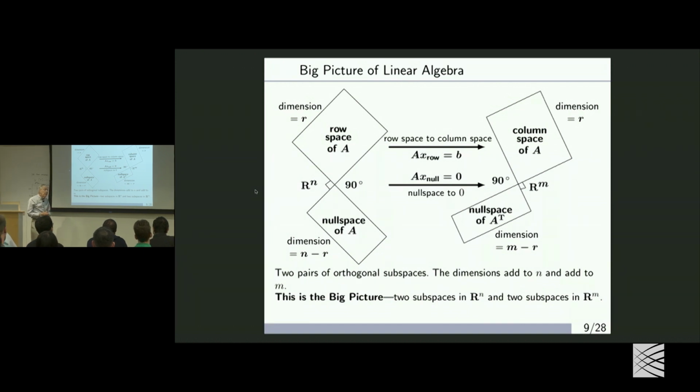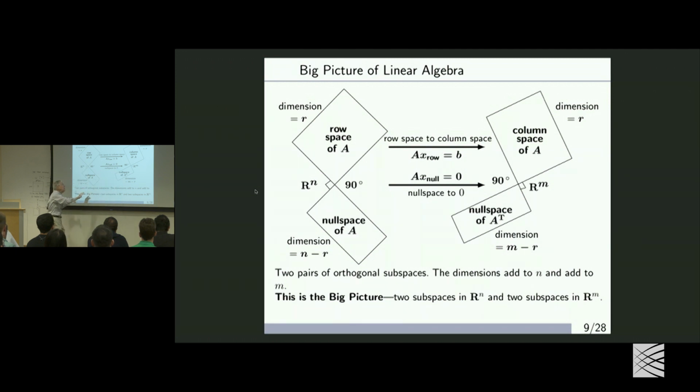You see, the idea is to see what a matrix is really doing. Every vector in this null space is headed to 0. That's what the null space means: A times x is 0. Every vector in the row space is headed for the column space.